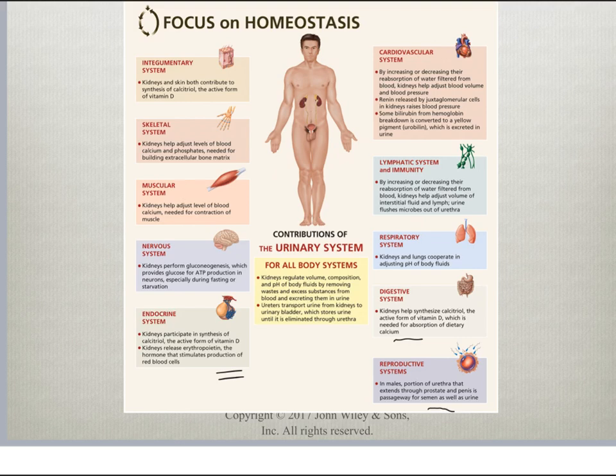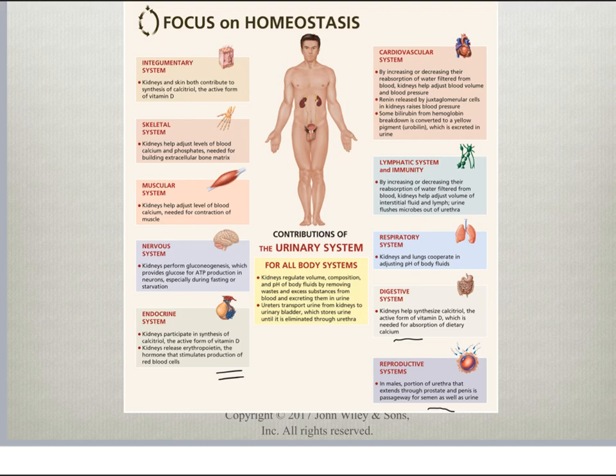We can move over to the cardiovascular system, increasing or decreasing the reabsorption of water filtered from blood. The kidneys are going to help adjust blood volume and blood pressure. We talked about the renin-angiotensin system, and finally some bilirubin. Bilirubin from hemoglobin breakdown is converted to a yellow pigment called urobilin, which is excreted in urine.